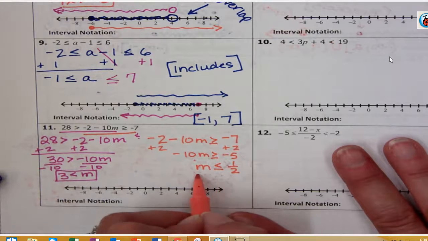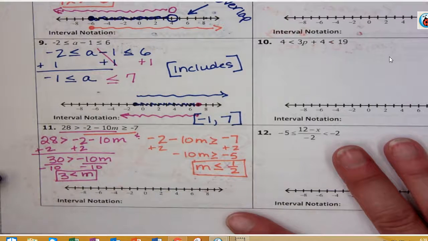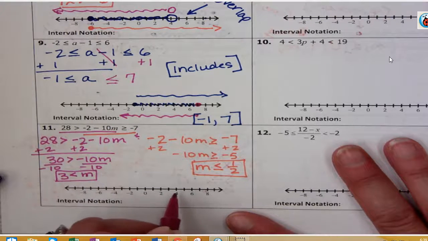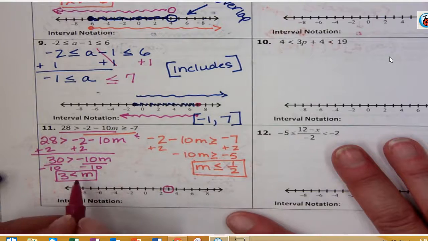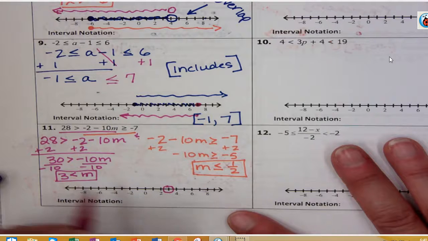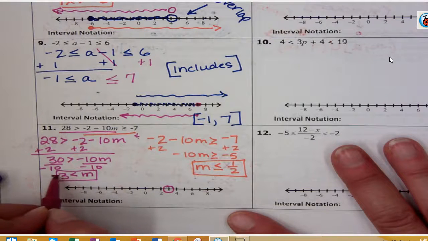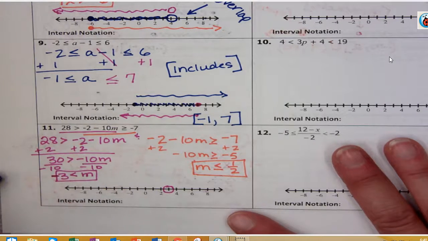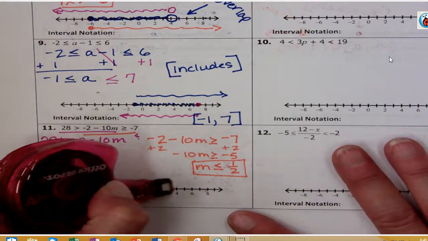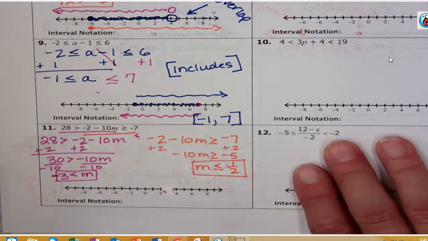So now, if you're going to graph it, 3 is going to be an open dot. M has to be greater than 3, so that's going to be, oh, I'm sorry, that should be negative. That's -3. Oops. Sorry, guys. Hope somebody caught that. So we've got a -3.